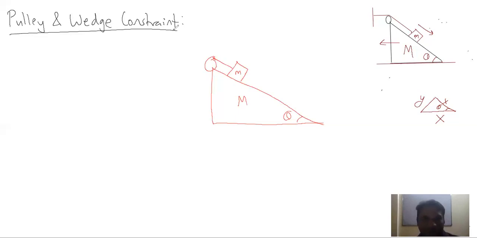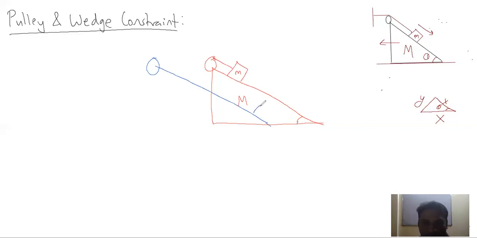Now, after some time, what will happen? The wedge will move in backward direction. So let us say this pulley is also connected to the wedge. It will move in backward direction. This pulley here moves in backward direction. And this wedge has moved in backward direction. And the mass has moved in downward direction.